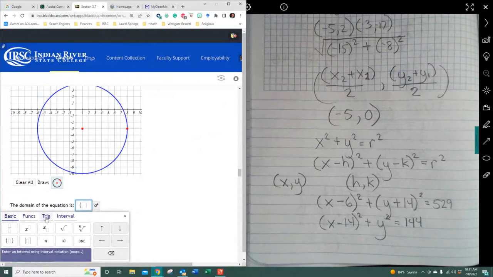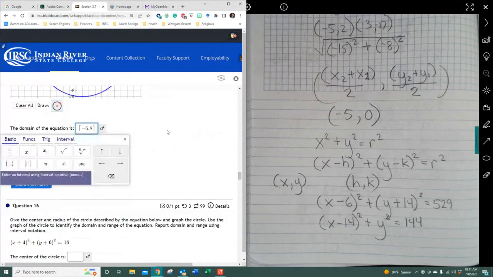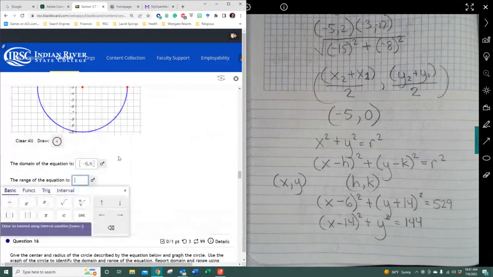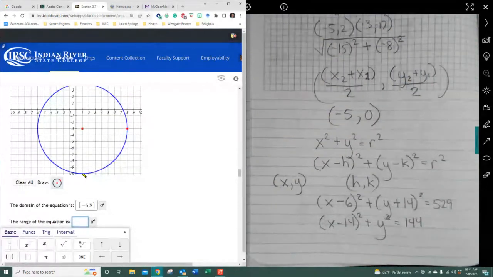So you put the brackets, not the braces, but the brackets, and then the domain is -6 to 8. And then you close out your bracket. And then the range is from right here, -10, all the way up to 4.